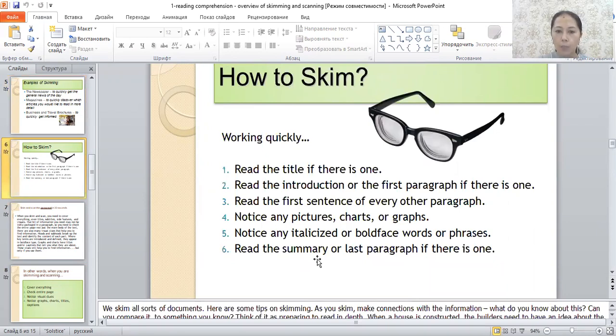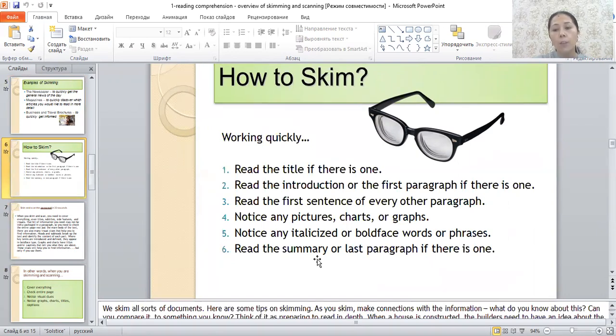How can we skim? First of all, read the title if there is one. But if there isn't, try to look at the other bold words. And then after the title, if there is one, try to read the introduction and first paragraph. Just look through, and then the first sentence.